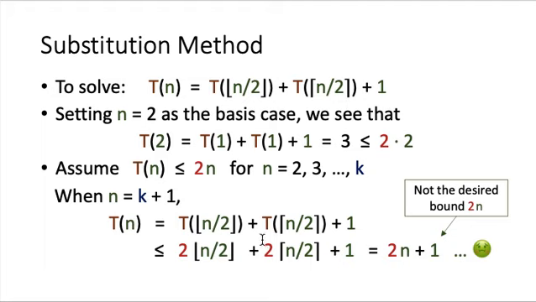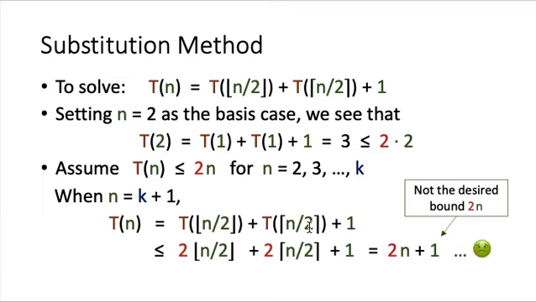So for instance, when n is equal to 1, then this is T(1). And 1 over 2 is 0.5. Taking the ceiling, we get T(1) again. So we get the problem. But luckily, we are now considering only the cases when n is greater than or equal to 2.